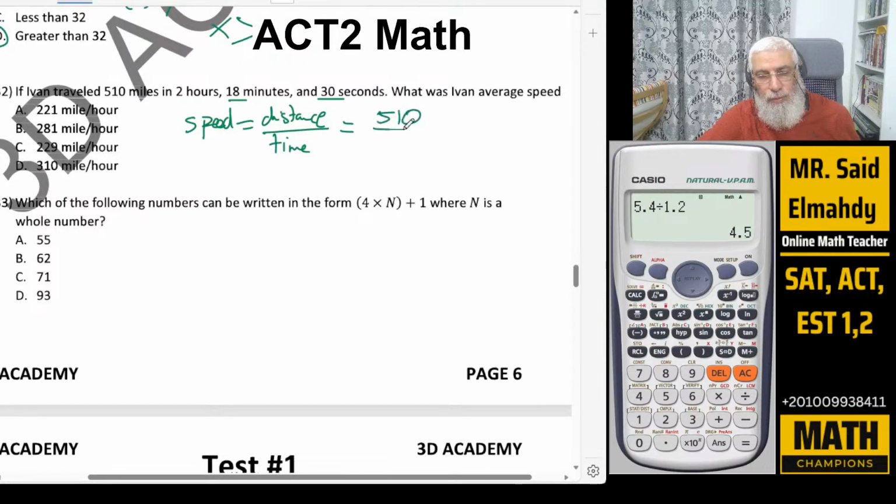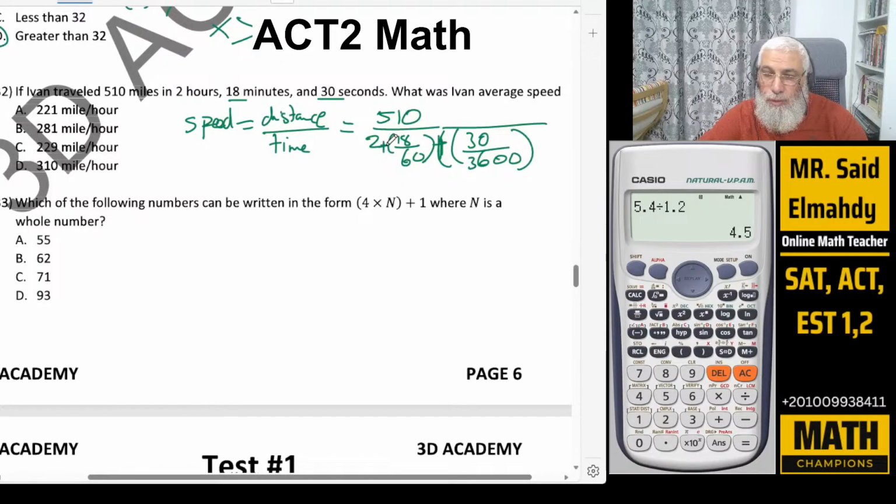Distance is 510 miles. Time is 2 hours and 18 minutes. 18 minutes is 18 over 60, plus 30 seconds divided by 3,600, because 1 hour is 3,600 seconds. So this should be the equation.